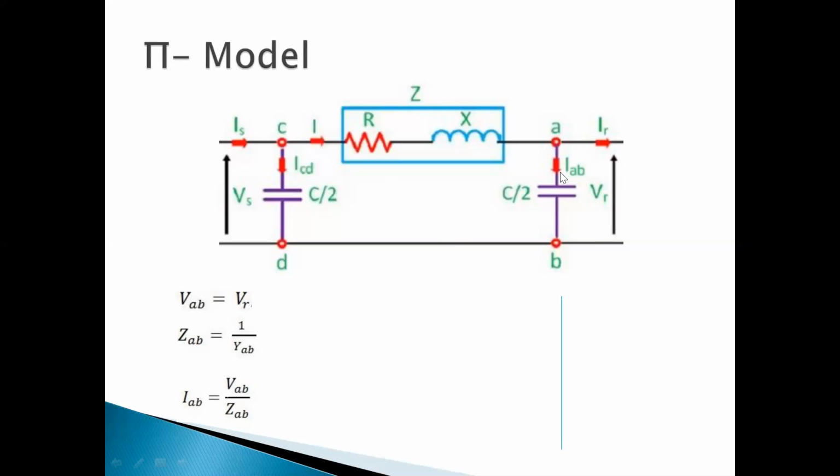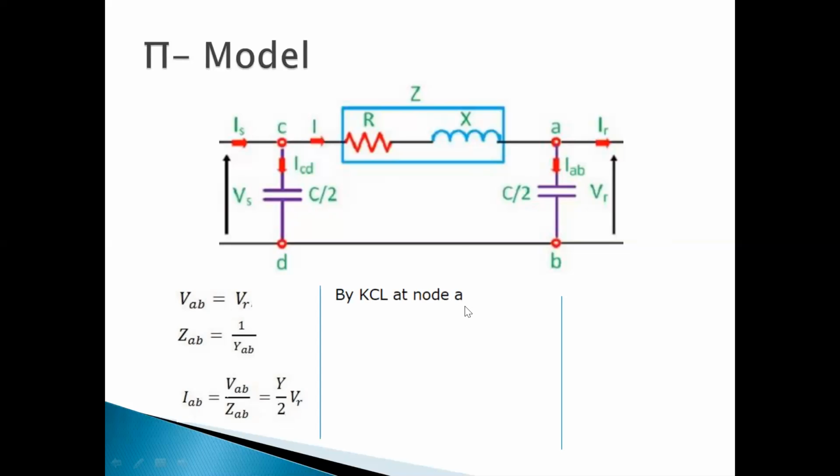I is equal to V divided by Z. The value of VAB is VR, so I put VR here. And ZAB is 1 over YAB, so it is Y over 2, because there is only one Y that we divided into two components. So IAB is Y over 2 into VR.